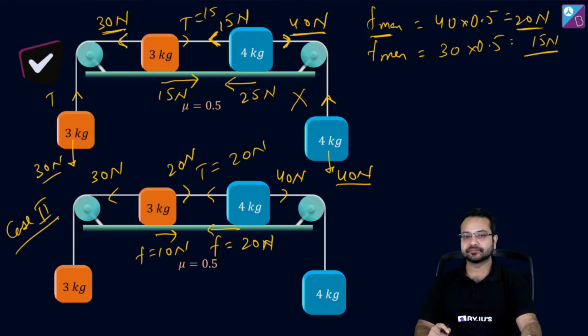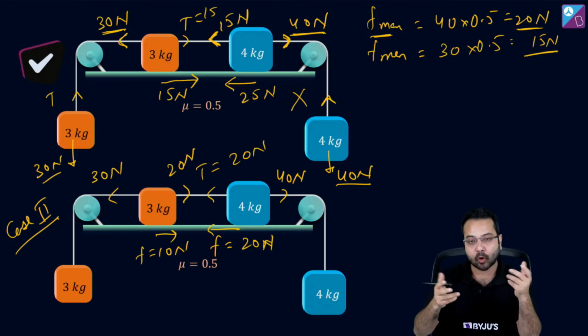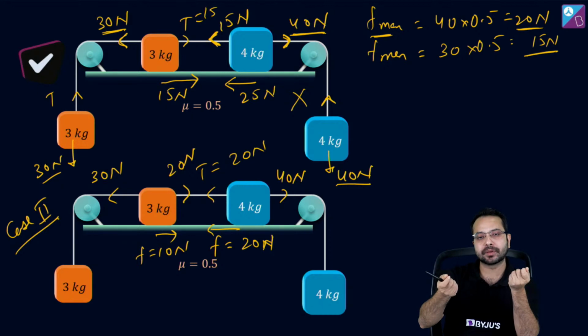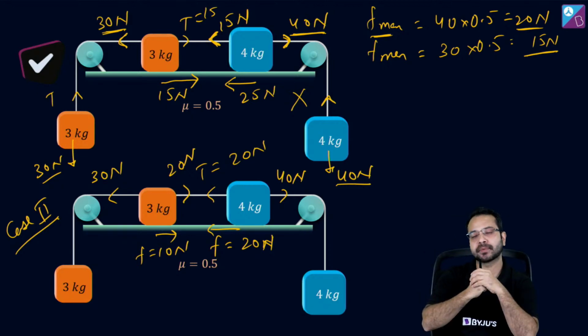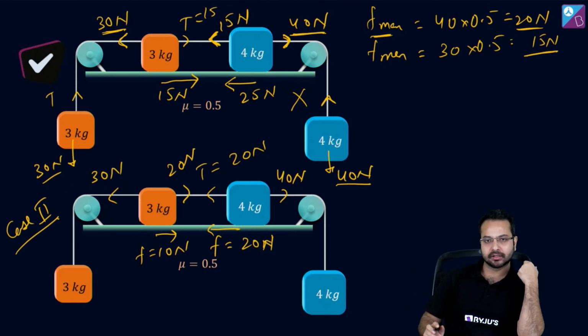All right. So one of the answers I've got is that on whichever block the maximum value of friction is going to be greater, on that block the adjustment is going to happen first.